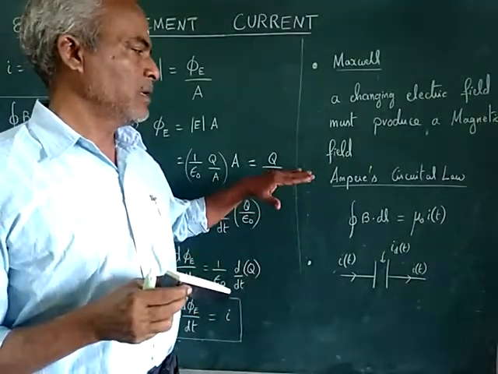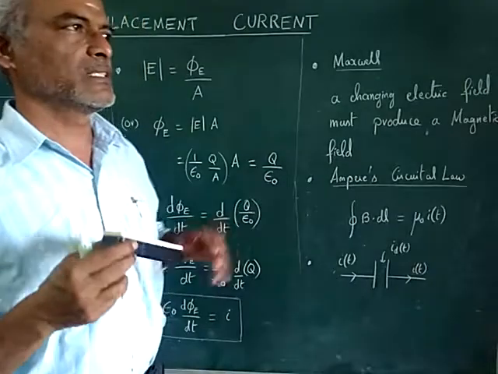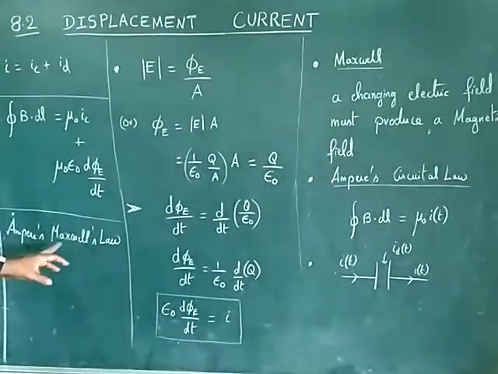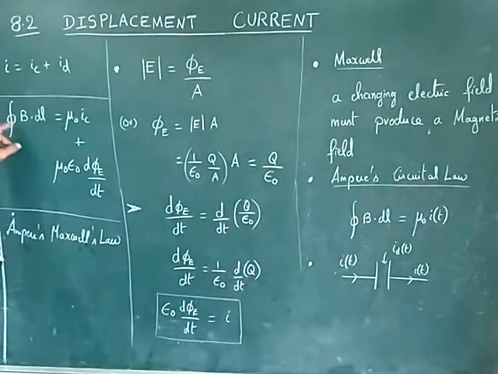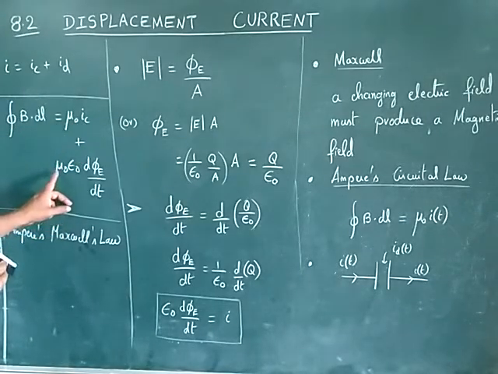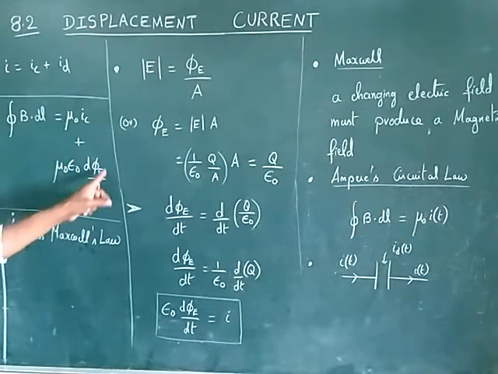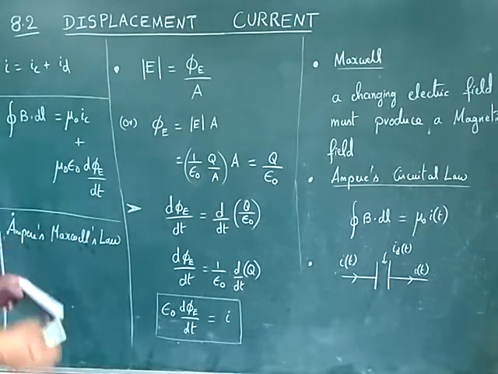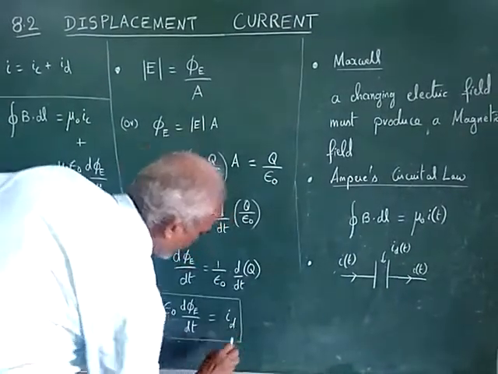The total law that governs us is called Ampere's Maxwell's law, given by integral B dot dl is equal to mu naught IC, where IC is the conduction current, plus mu naught epsilon naught d phi E by dt, which is nothing but the displacement current ID.